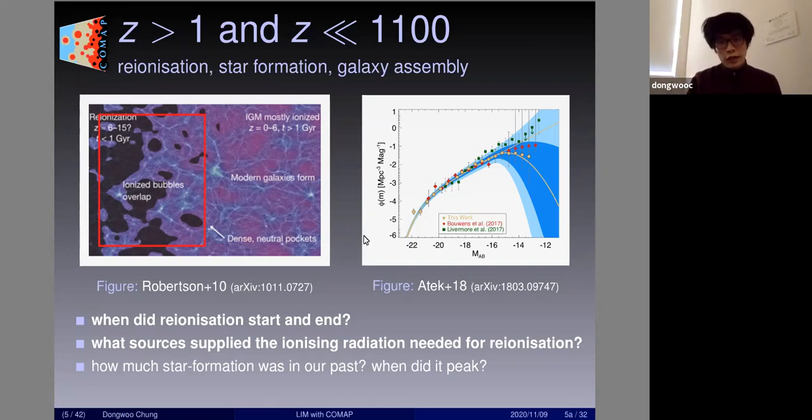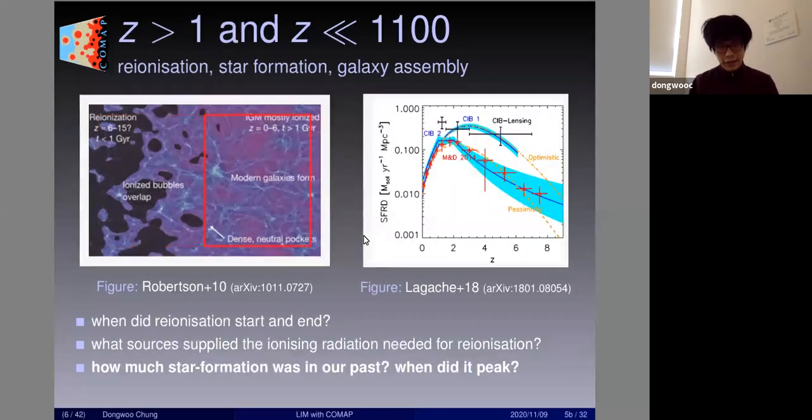And then moving on a bit further down the timeline, you have the epoch of star formation and galaxy assembly. The history of star formation activity has not been completely pinned down in terms of how much there was in the past and when it peaked. That partially comes down to not having the best rest frame infrared data at higher redshift.